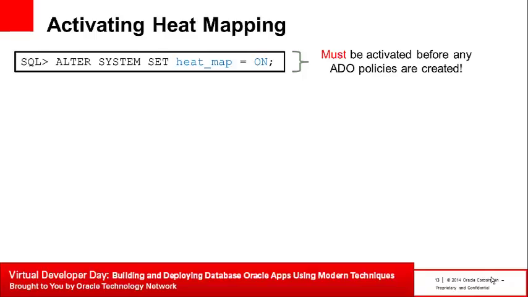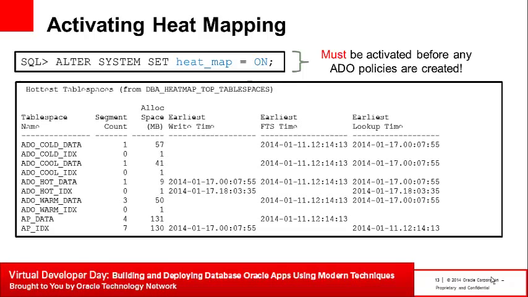I'm not going to spend an inordinate amount of time on this, but I wanted to show you that once that's activated, I can start to see things like which table spaces have been touched for writes, which table spaces have been touched as part of a full table scan, and which table spaces have been accessed as part of an indexed lookup. So again, the first column here on the left, earliest write time, would indicate that we've done some sort of DML against data in the ADO hot data and ADO hot IDX table spaces.